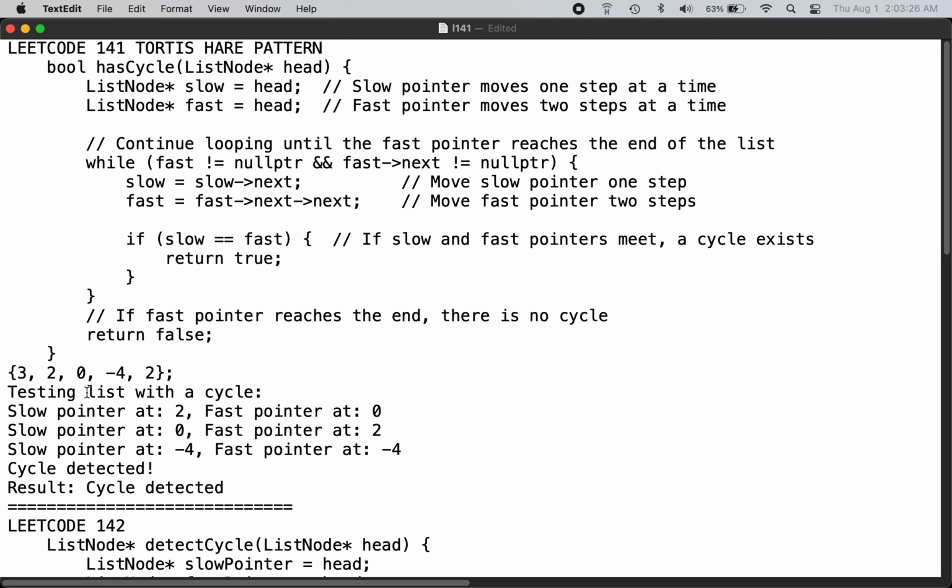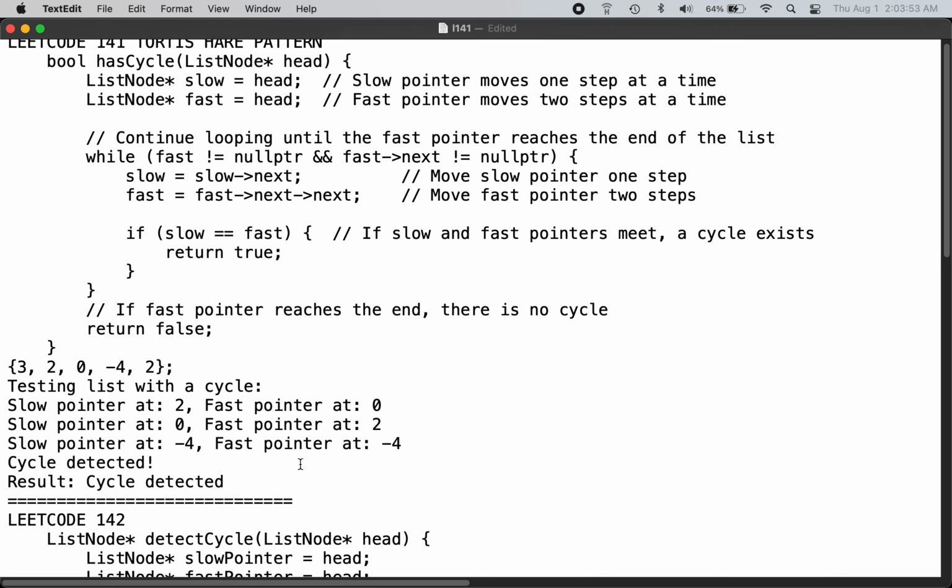The slow pointer starts at 3, the fast pointer is at 0 after moving 2 steps, and then slow moves 1 step to 0, and fast has already moved 2 steps from -4 to 2. Then slow moves to -4, and fast jumps from 2 to -4, and they meet, and so the cycle is detected. And that's it for 141.